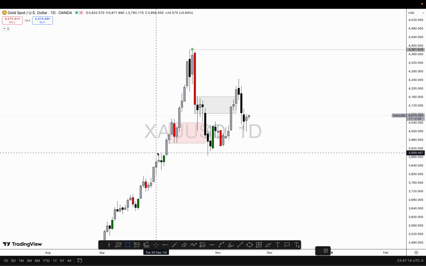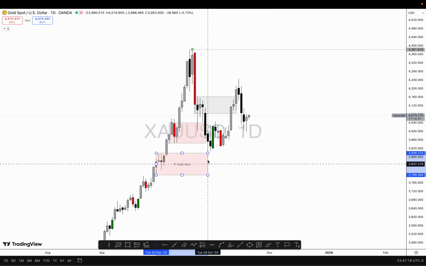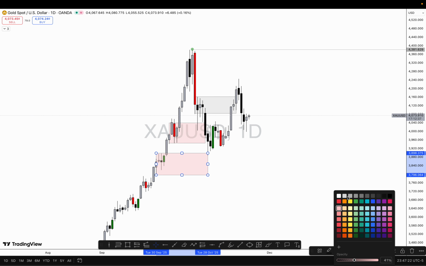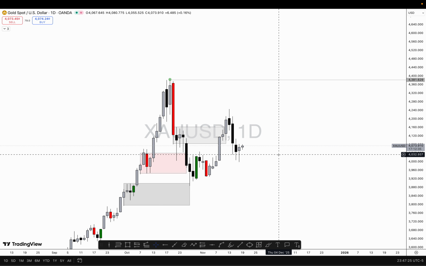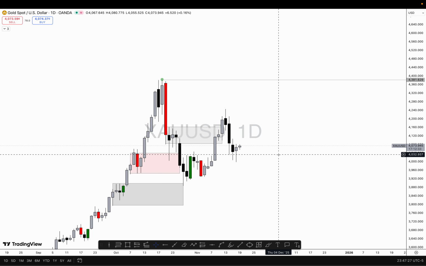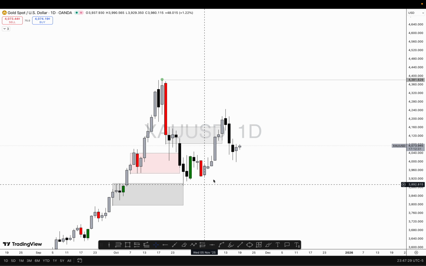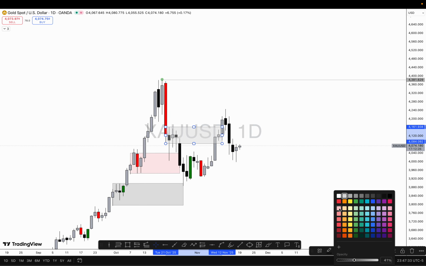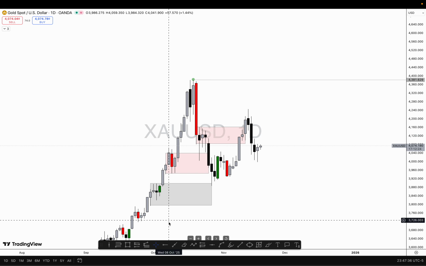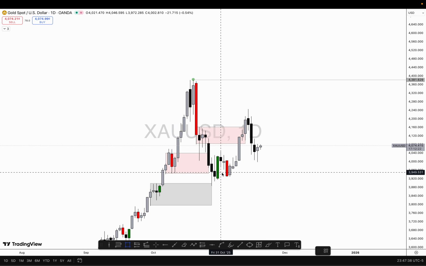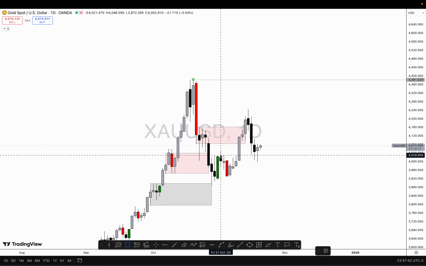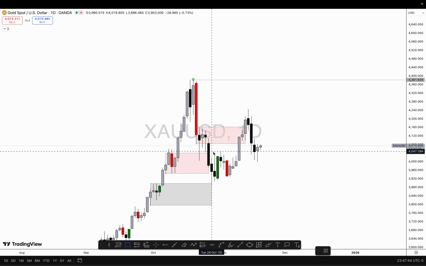Then the market came down to this demand and reacted. After this reaction, the market removed this supply. And if we had to ask, who removed this supply, we would say this drop base rally.